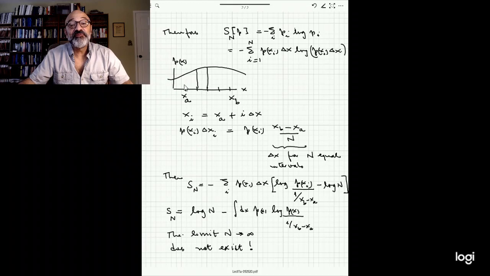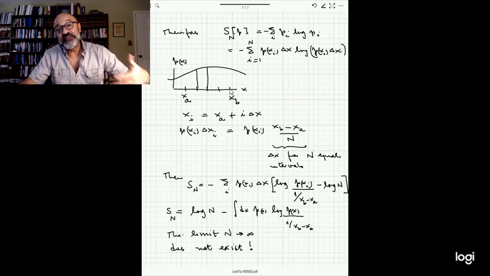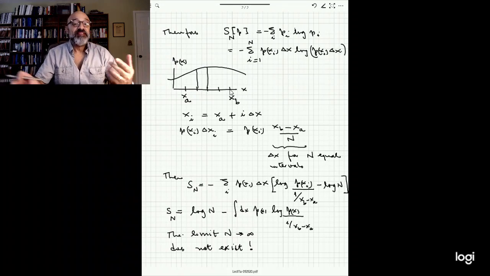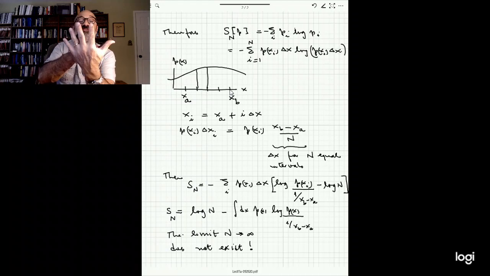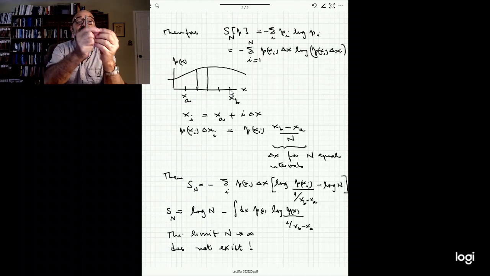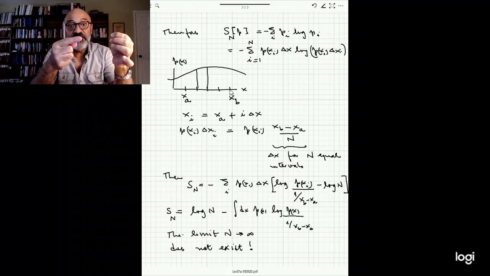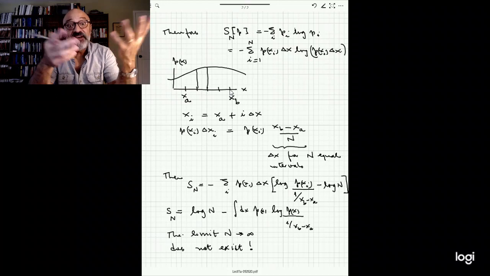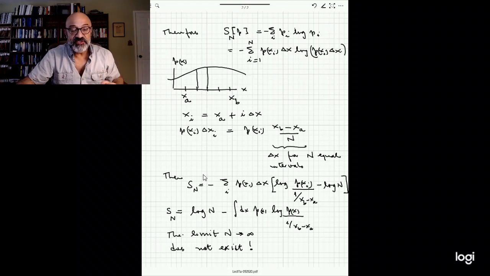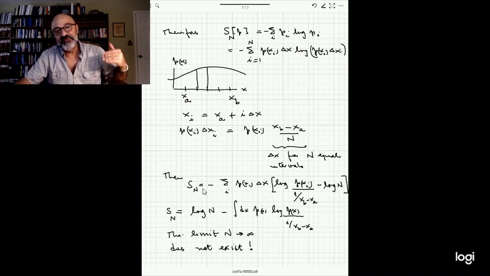And if you go all the way to the continuum, you're going to have to provide an infinite amount of information. To figure out an integer among a set of 5 requires a certain finite amount of information. If you want to describe a point on a straight line, that requires an infinite number of digits, an infinite amount of information. So you see that the problem was already at the level of formulating the Shannon axioms.